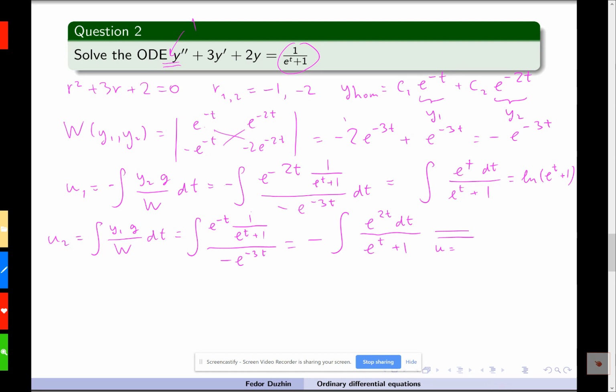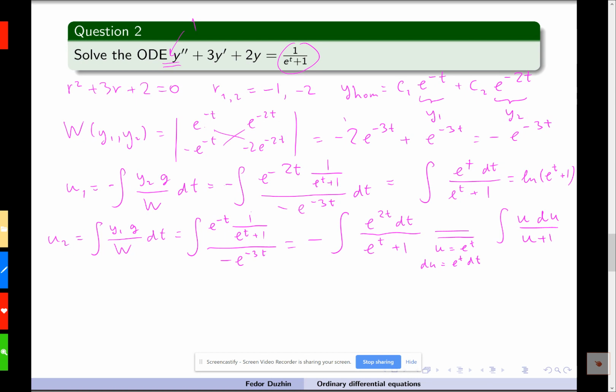So u equals e to the t, so du is e to the t dt. e to the 2t is e to the t times e to the t dt. So one e to the t dt becomes du, and one more is just u. So this is u du over u plus 1.